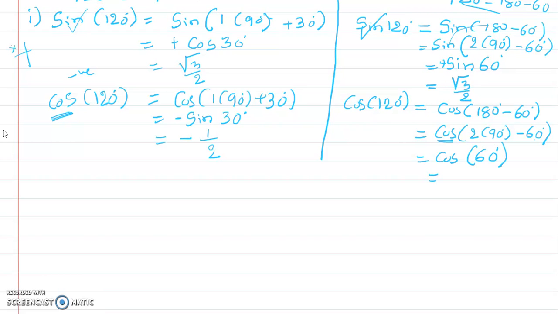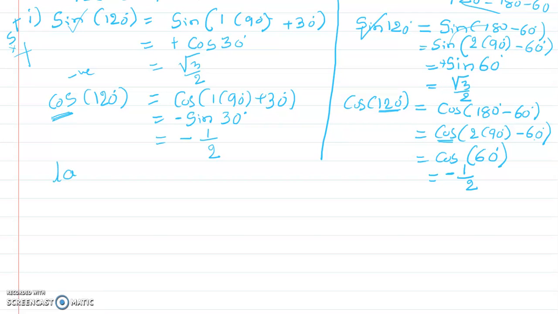Cos 60. And you know the sign convention, 120 degree lies in the second quadrant. In the second quadrant, cos is negative because in the second quadrant only sine and its reciprocal cosec are positive. Minus cos 60. What is the ratio for cos 60? Minus 1 by 2. Thus, we have got cos 120 is minus 1 by 2.